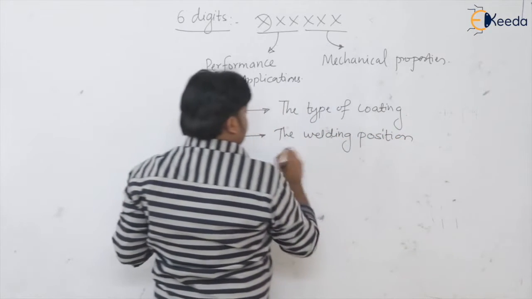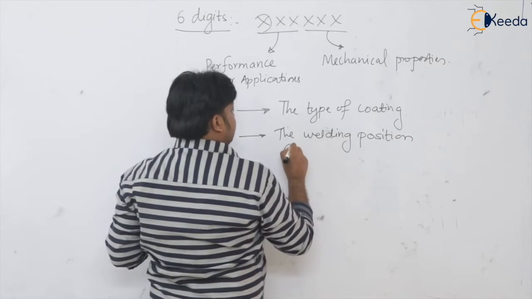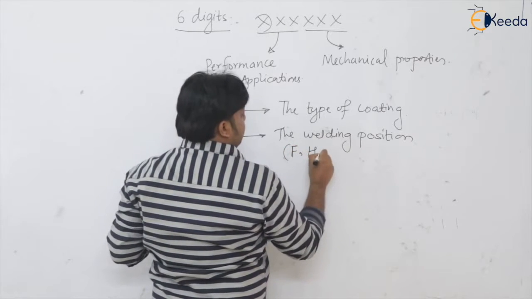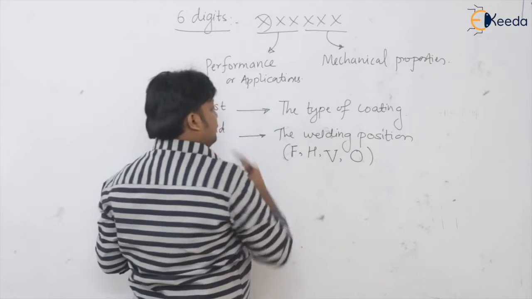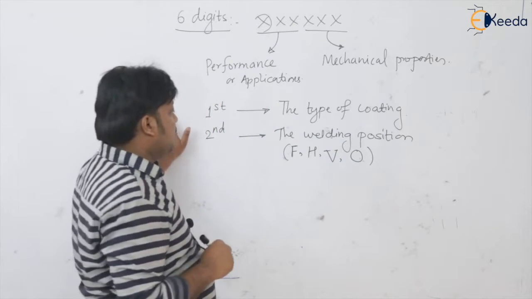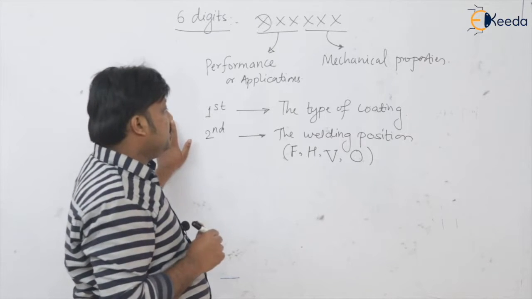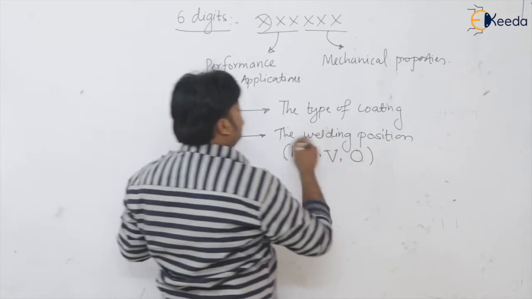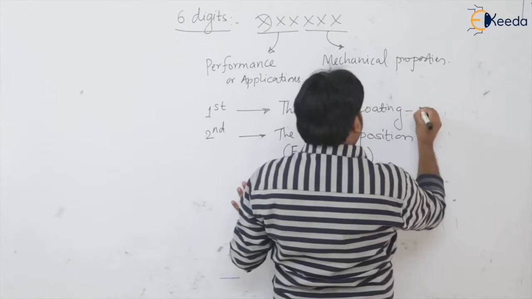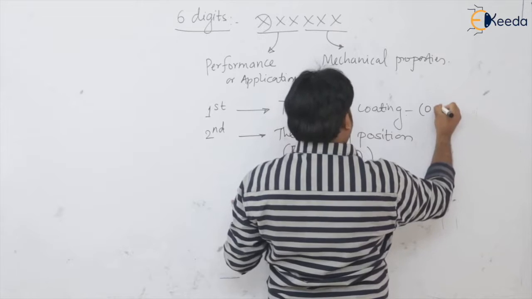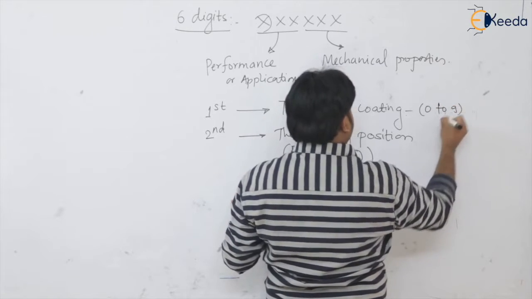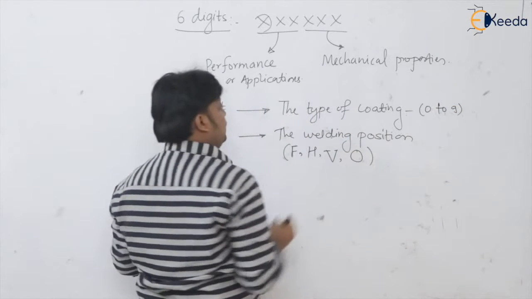We have flat welding indicated as F, horizontal welding as H, vertical welding as V, and overhead welding as O. Here the type of coating has numbers 0 to 9, along with the welding positions.